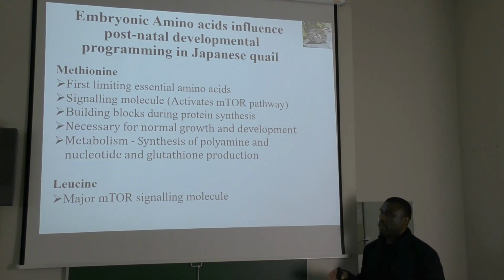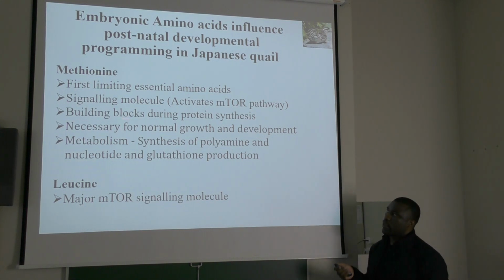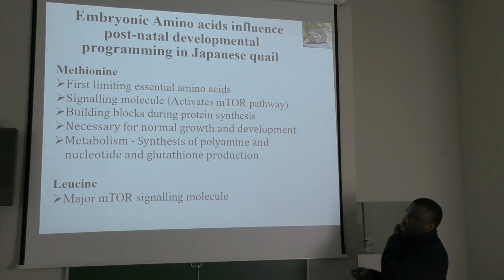It's found in the world, but in a very limited amount. It's responsible for activating the mTOR pathway, and it's a building block in protein synthesis necessary for normal growth and development. It's also involved in a metabolic pathway for the synthesis of the antioxidant glutathione.